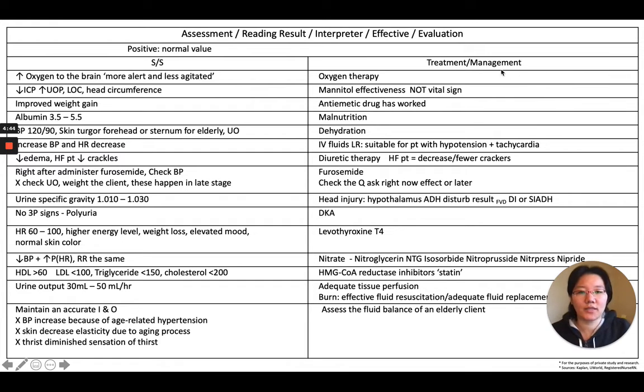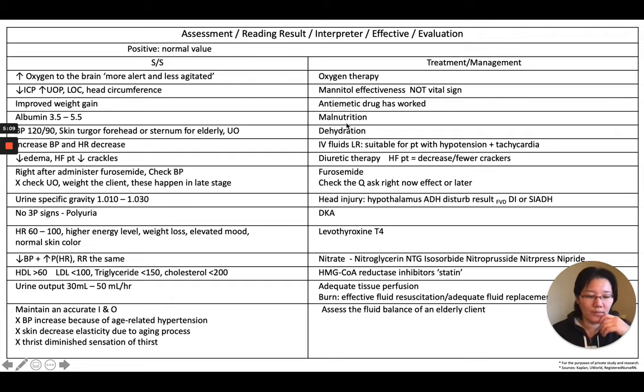This one is about treatments and therapeutic effect. Here's the treatment, and does it work? The positive effectiveness should be positive signs and symptoms. For example, if the patient has malnutrition and we give NG feeding, then we want to look at albumin to make sure it's within normal range.